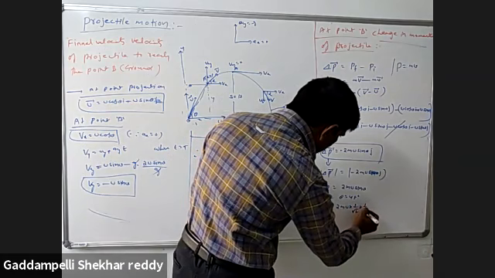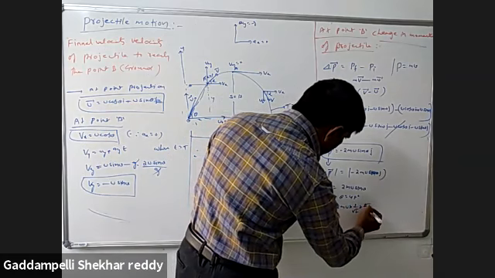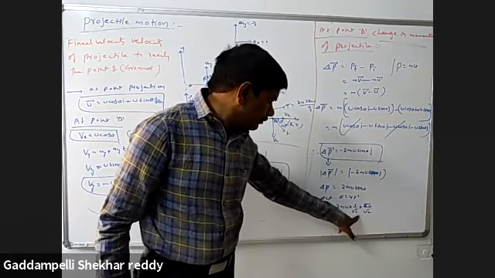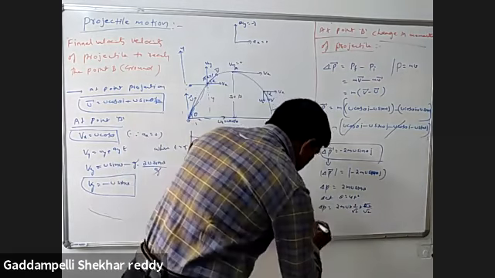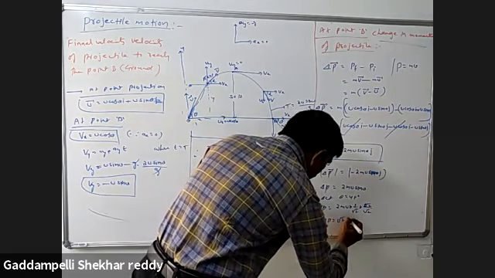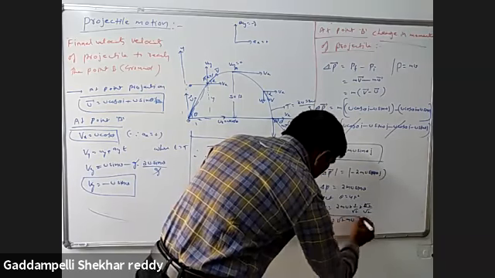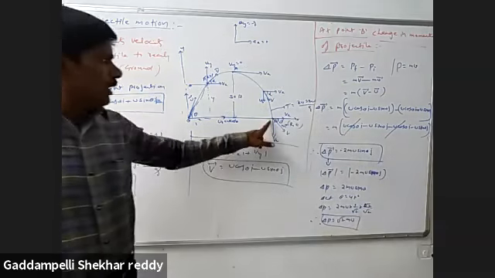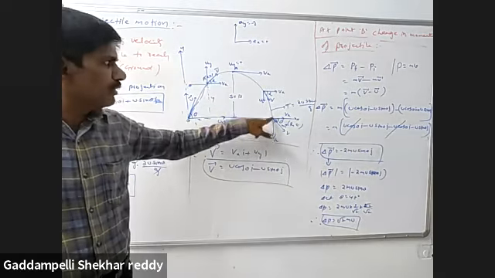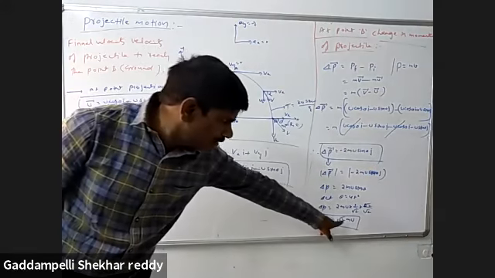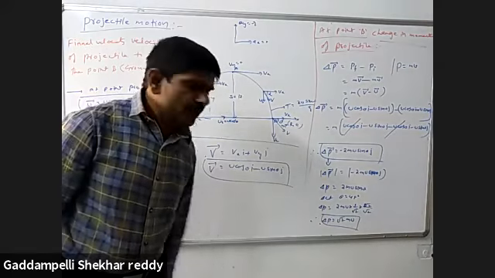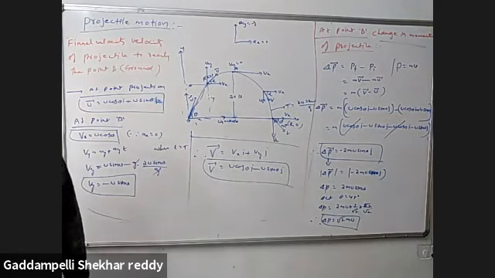Multiplying and dividing by root 2, root 2 into 2, root 2 into root 2, the 2s get cancelled. Therefore delta p is equal to root 2 mu. This is the change in momentum of the projectile to reach the ground after traveling a parabolic path, or completing the time of flight. The change in momentum is root 2 mu.